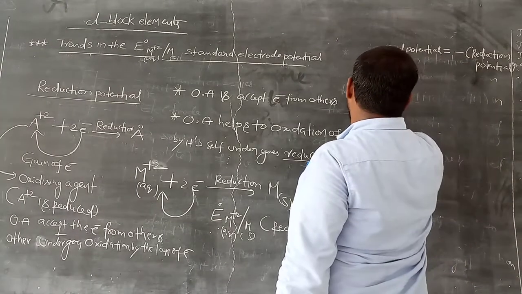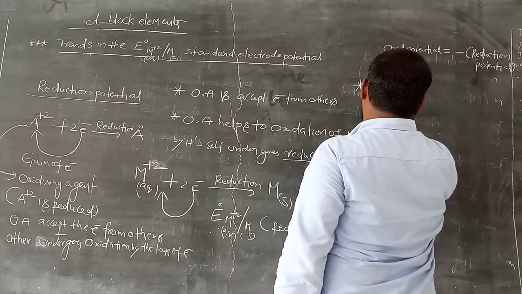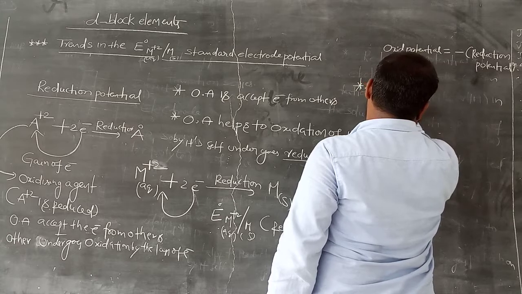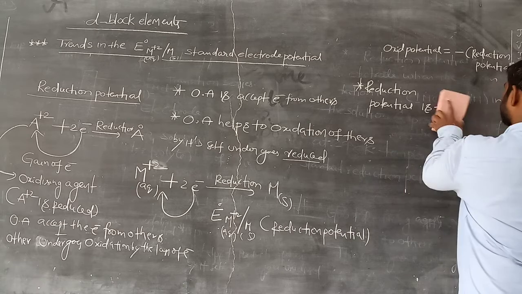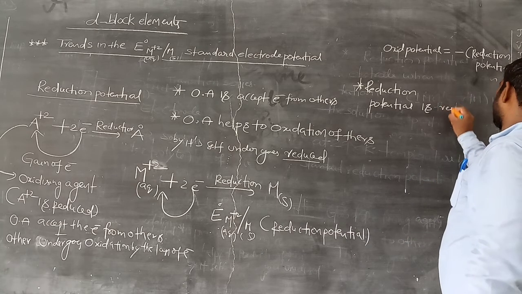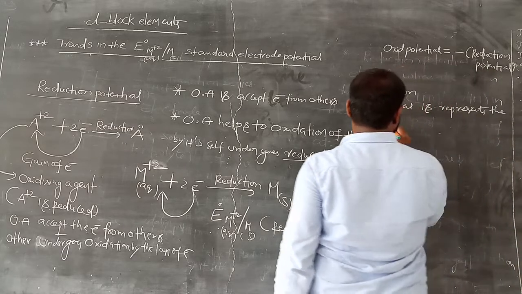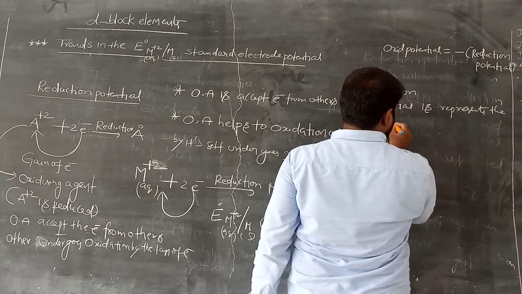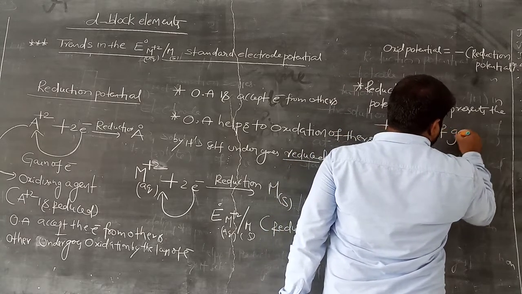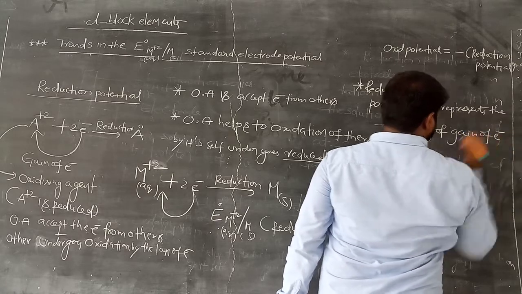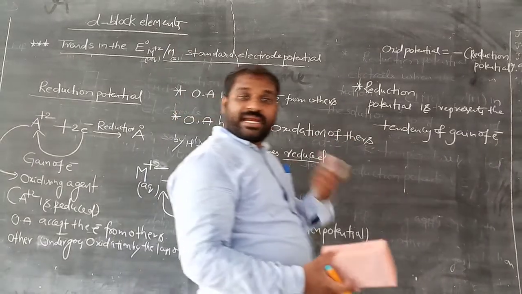So simply, what is reduction potential finally? Reduction potential represents the tendency of gain of electrons. So when reduction potential is developed, suppose it gains the electron, then reduction takes place.